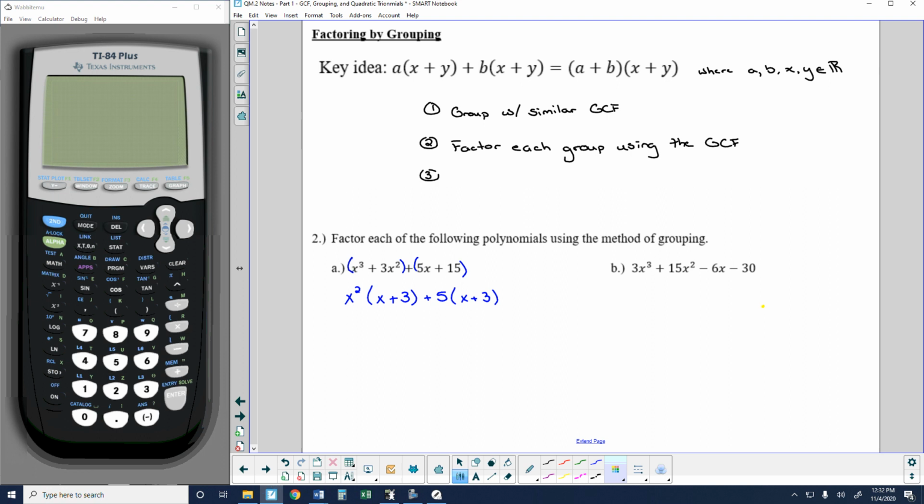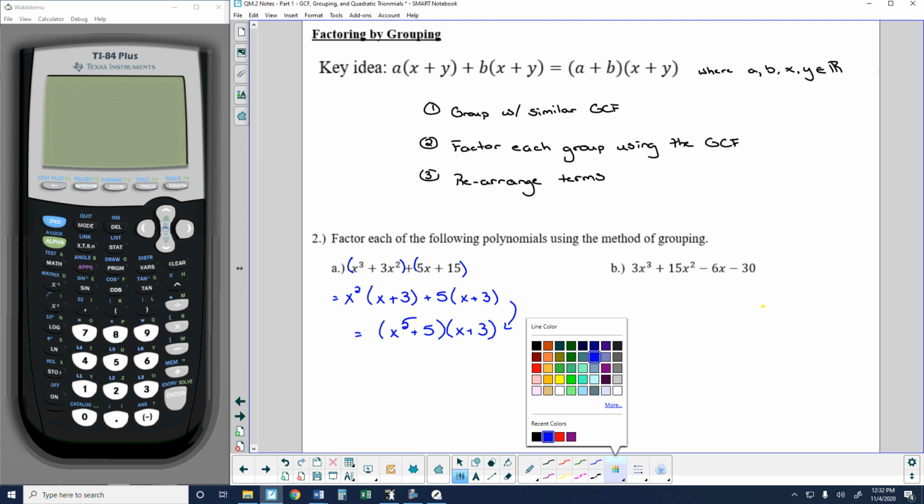Now, if this meets the key idea that we listed above, we want to rearrange the terms. And that's according to that expression that we showed above, that rule. So the two coefficients, x squared and positive 5, are going to come together to be a factor with x plus 3. So basically what we're doing here is reversing the process of distribution.